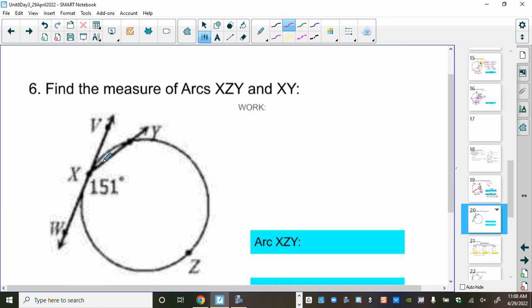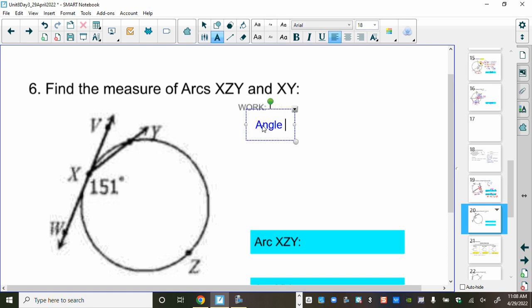You can subtract 180 minus 151, and then get your arcs by multiplying by 2. So angle times 2 is arc. So that is your hint. And you can do that both here and here. Or you get your first big arc and then subtract from 360 to get the small arc.